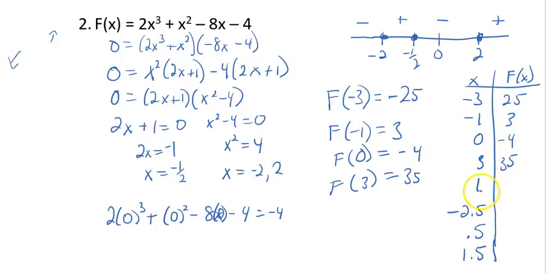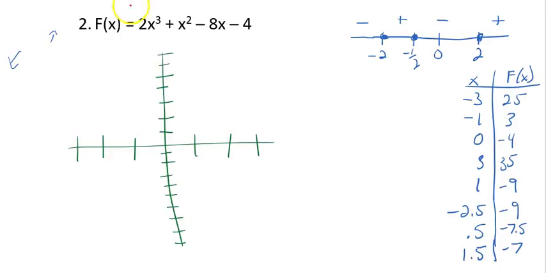So if I plug in a 1, I get out -9. If I plug in -2.5, I get out -9. If I plug in 1/2, I get out -7.5. And if I plug in 1.5, I get -7. So now I can use these to sketch.